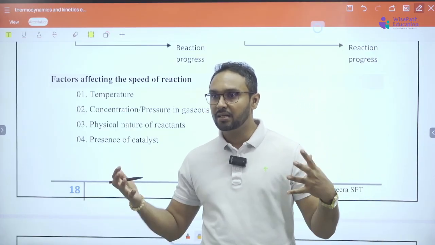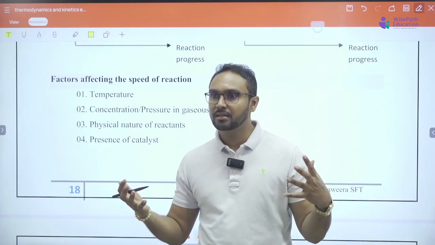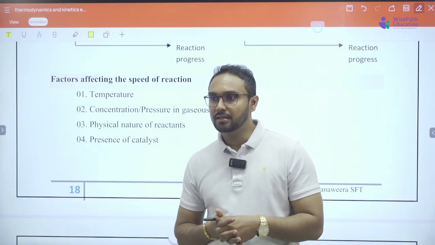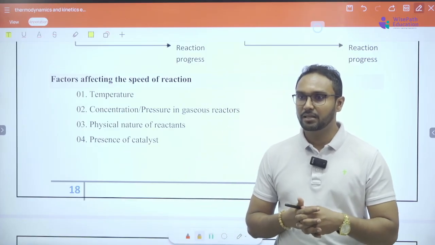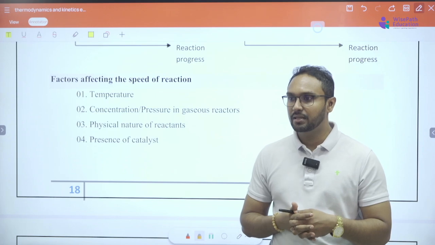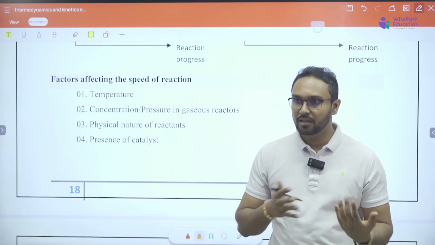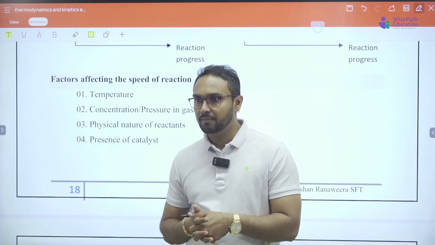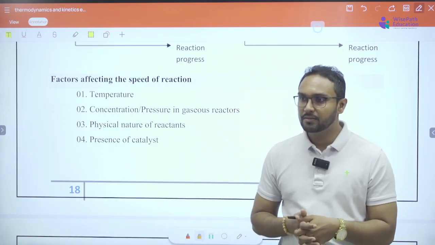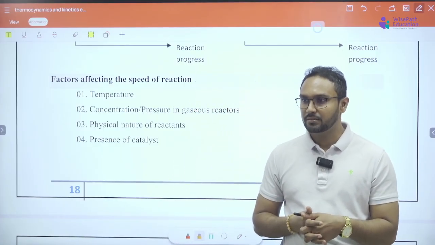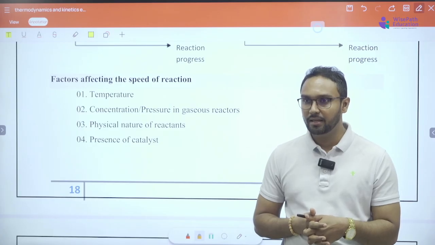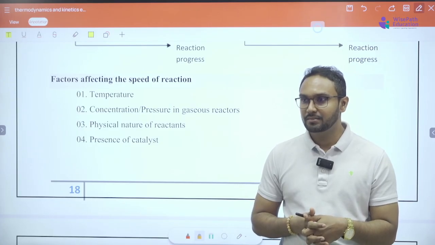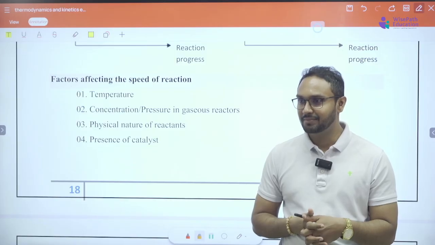The chance of collision is higher because there are many of them. It's like, let's say in this room there are girls and boys, but only 2-3 girls, and the number of boys is very high, say 50-60.